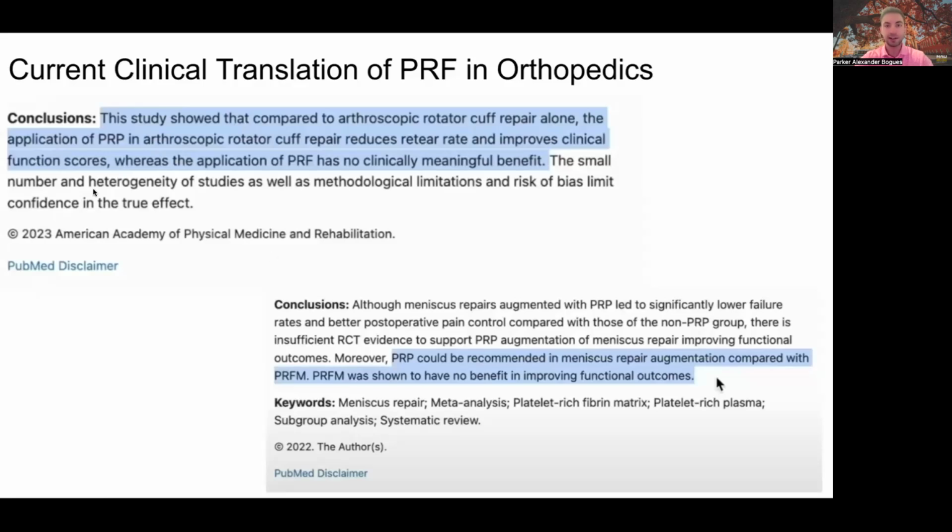So this is the current clinical translation of platelet-rich fibrin. Again, not albumin platelet-rich fibrin, but earlier iterations of platelet-rich fibrin in orthopedics. These are two clinical trials that came out in 2023 and 2022, so quite recent.